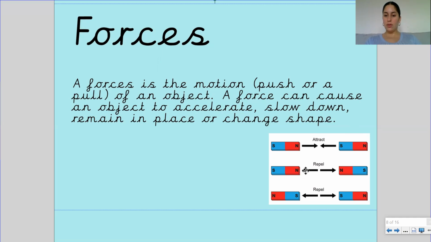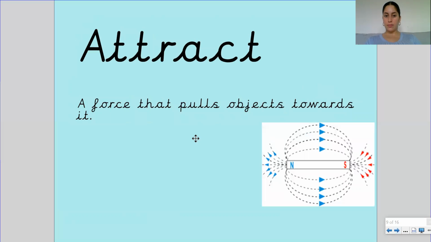Here, the North and North Pole, they repel. And two South Poles also repel. So they are pushing away from each other. Whereas the North and South Pole pull towards each other. Attract.